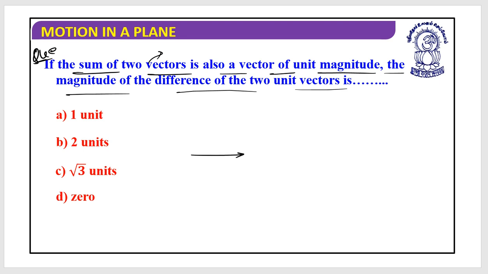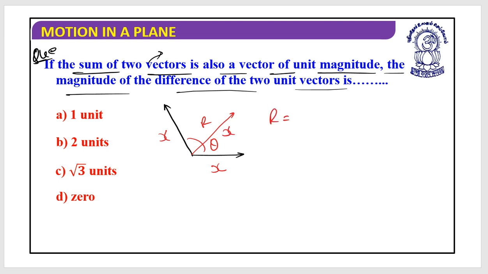Suppose this is one of the unit vectors, this is another unit vector, and let's say this is the resultant of these two vectors. This is theta. Let's say this is x, then that must be x.